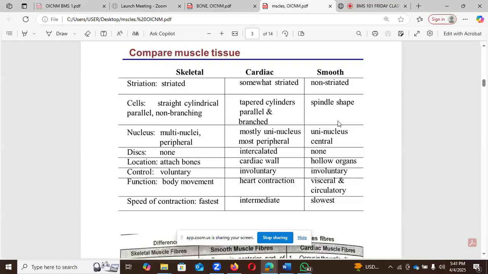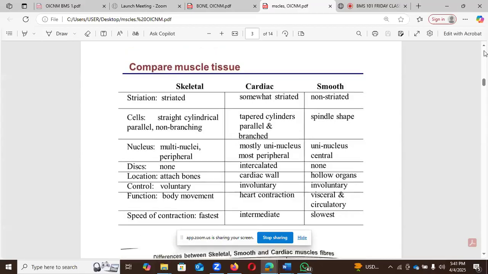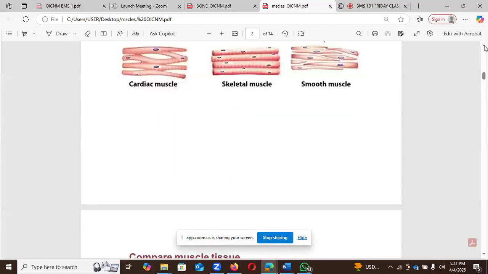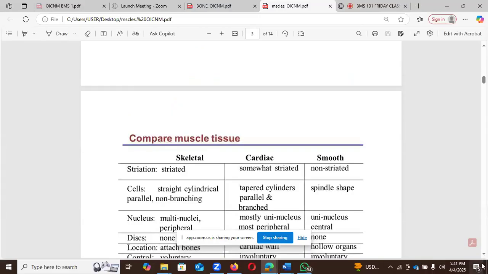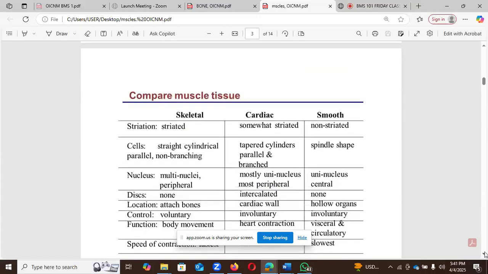This one has only one spindle. Look at it. This is just one branch, one spindle. This one has branches. Okay, this one can also be branched. It can be branched or not branching.